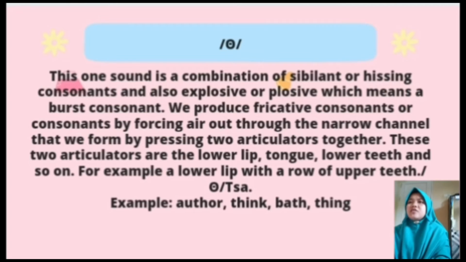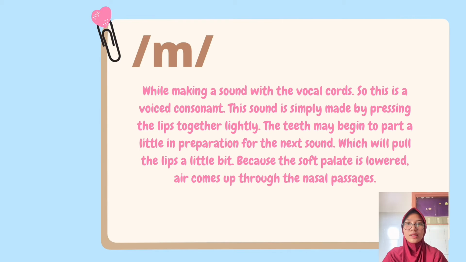This sound is a combination of sibilant or hissing consonant and also explosive or plosive consonant, while making a sound with the vocal cords. So this is a voiced consonant.